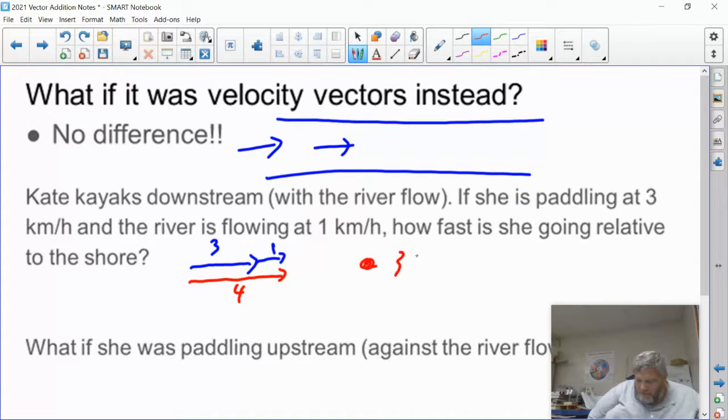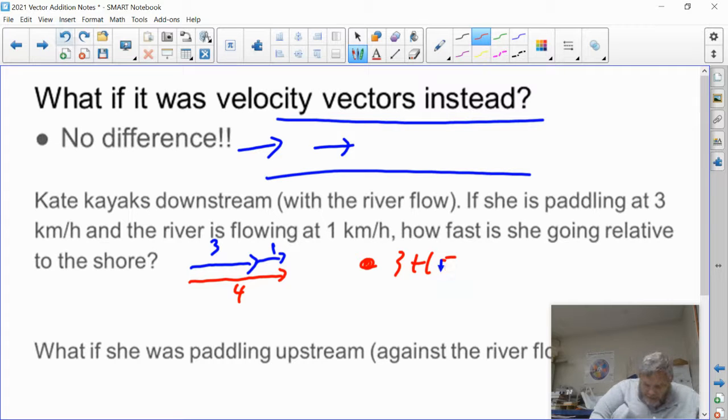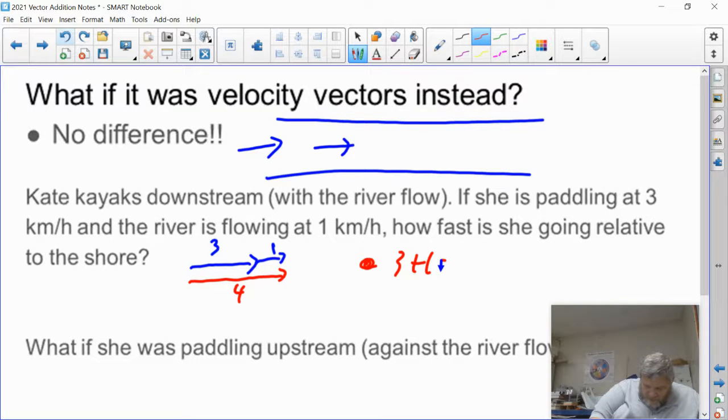Right, so it's going to be 3 plus 1. Let's try that again. I don't know what happened. 3 plus 1 equals 4 kilometers per hour. Just 3 plus 1. Right?